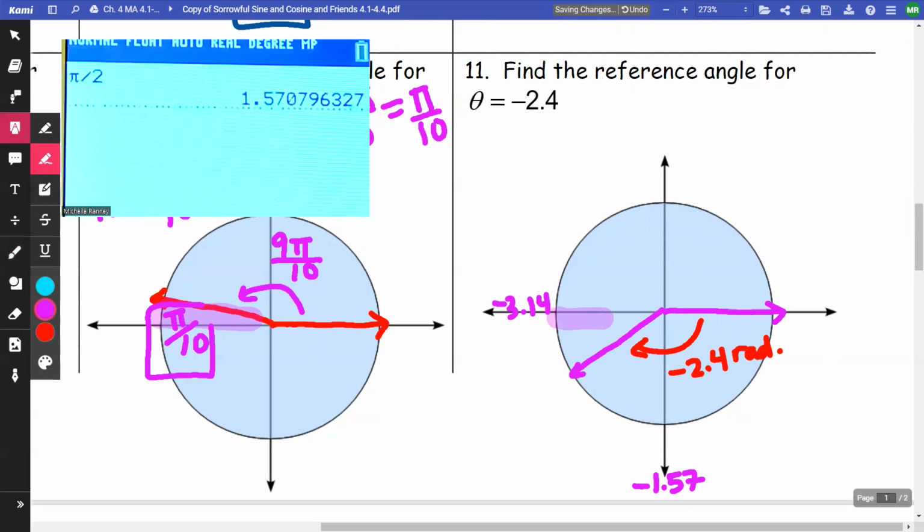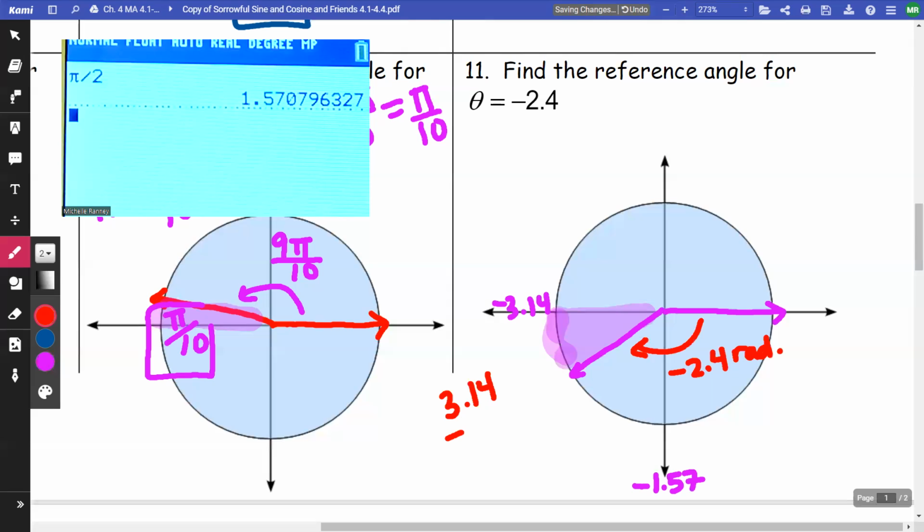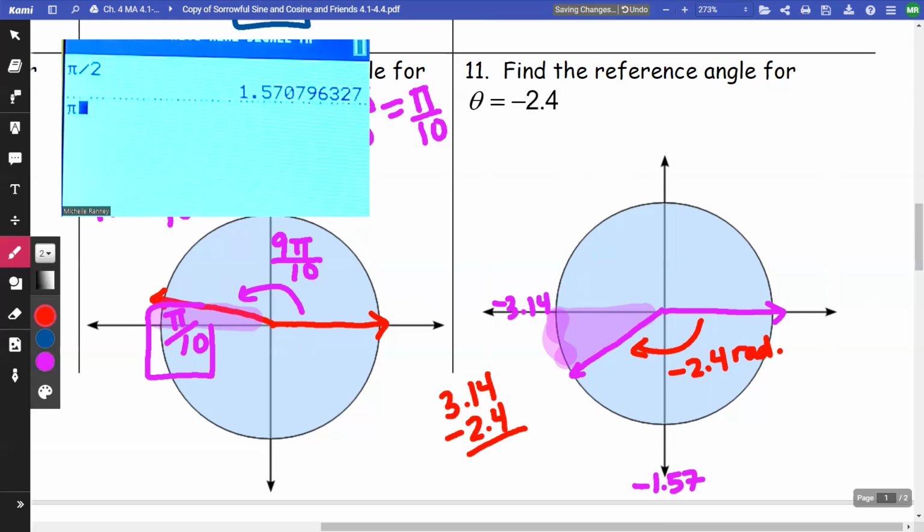And I want to figure out this. For that, I'm going to take pi, 3.14, and subtract 2.4 to see how far off I am, and I'm going to end up with about a 0.74. So about a 0.74 radians is what I'm going to get, and that is going to be my reference angle.